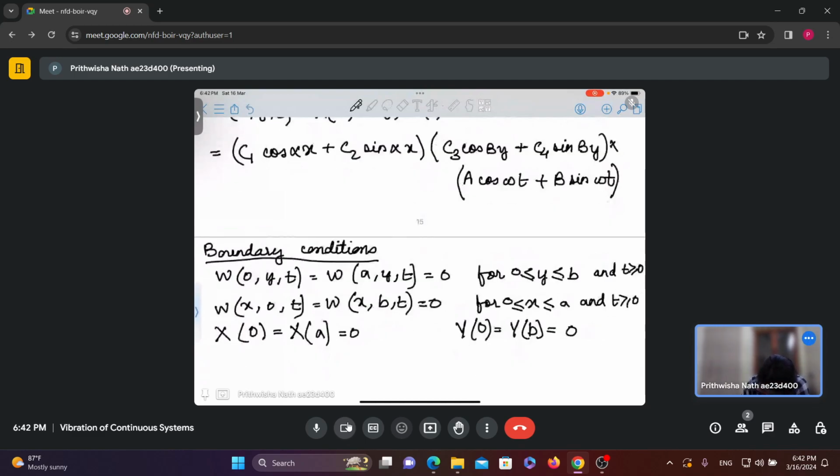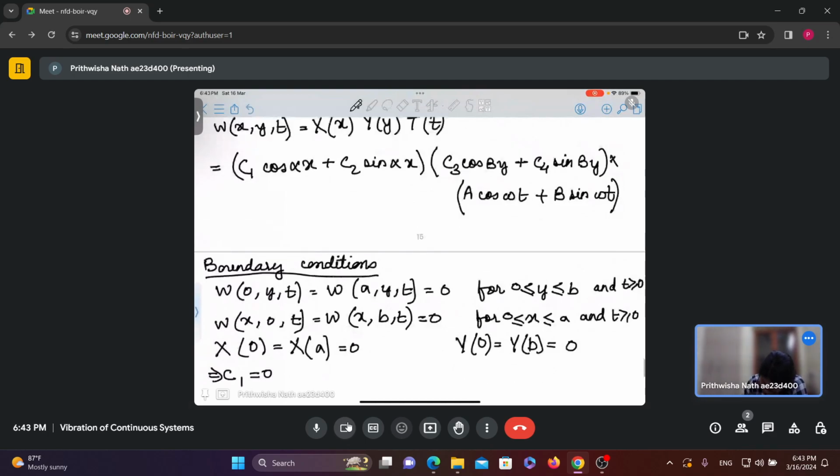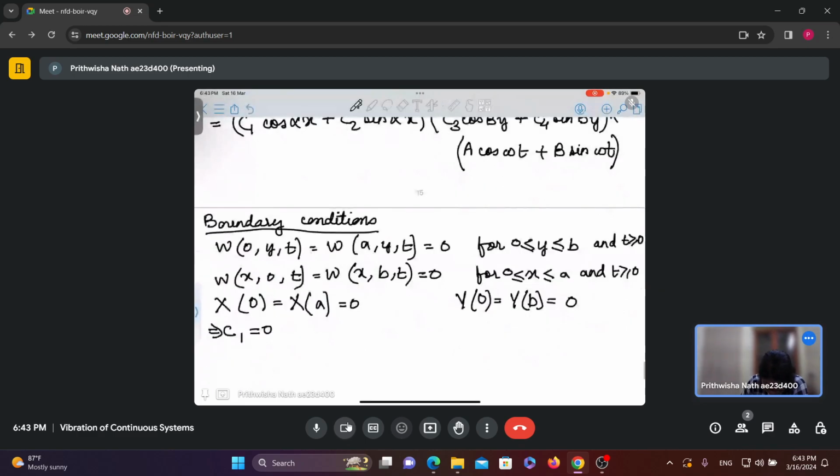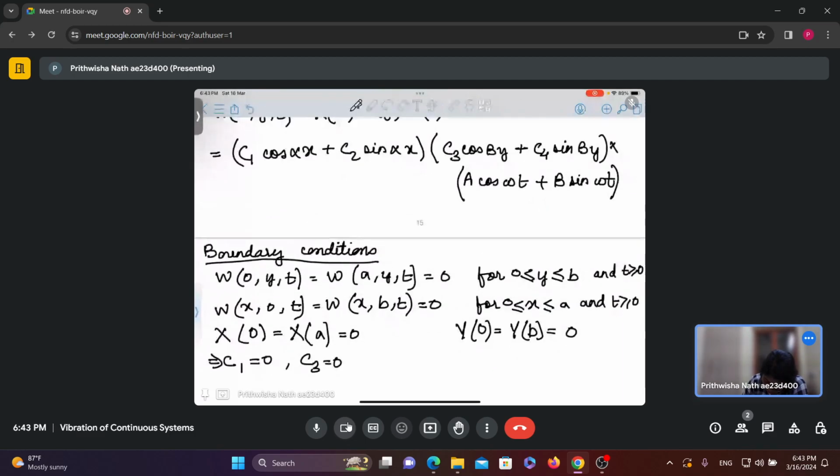C1 is 0 and C3 is 0. Therefore, we can also say that sine alpha A is 0 and sine beta B is 0.